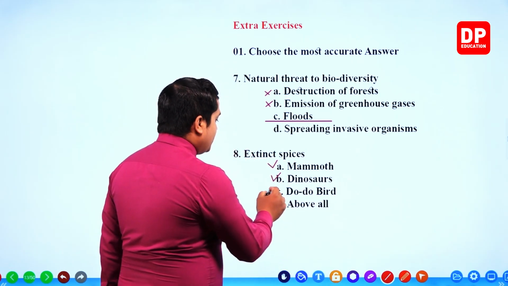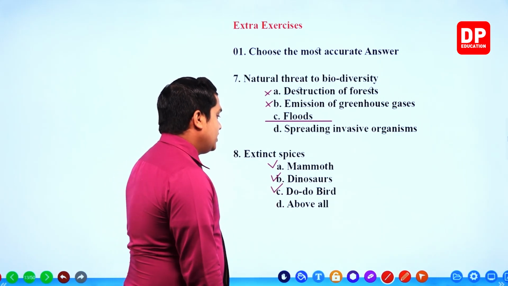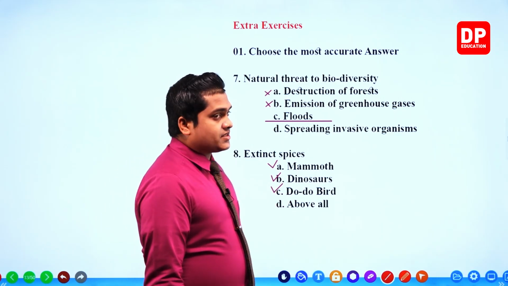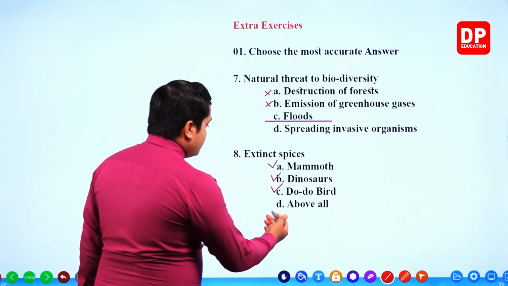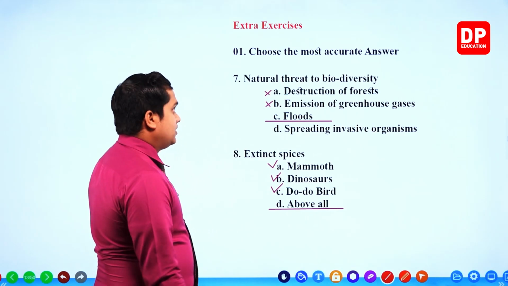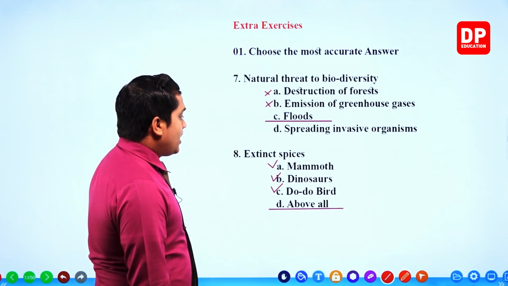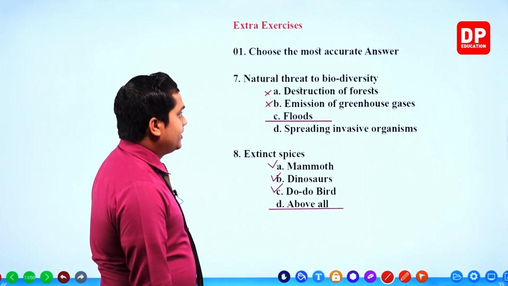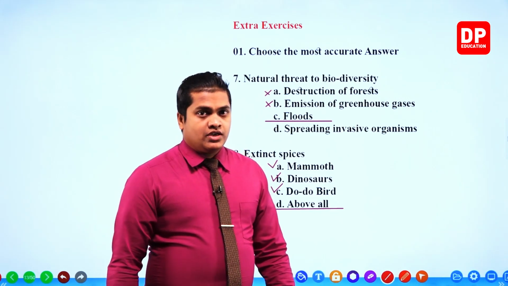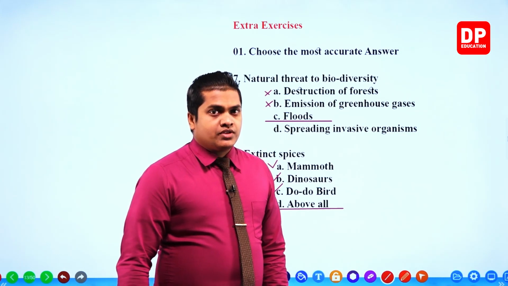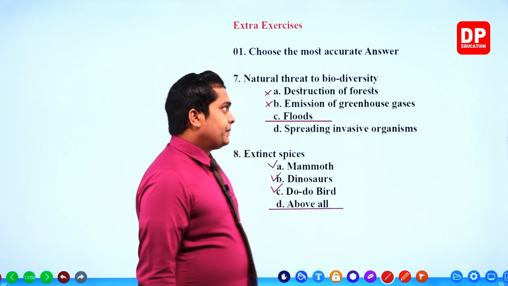Once again correct. Because of excessive hunting, the dodo bird went extinct from planet Earth. So all of these organisms have gone extinct from planet Earth. We won't be able to observe these organisms right now. So all of these organisms are correct for the extinct organisms.